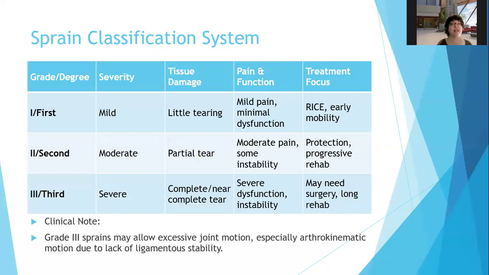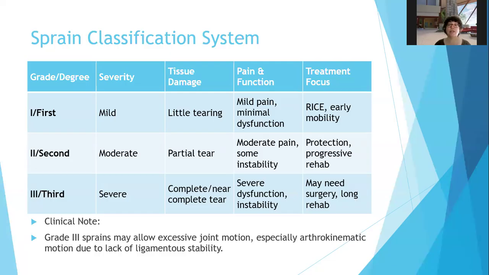So sprains have a classification system, mild, moderate, and severe. First, second, or third grade or degree sprain. So you'll hear a first degree sprain. The level of tissue damage is generally how they classify sprains. Because both tendons and ligaments are soft tissue, they don't show up on x-rays.